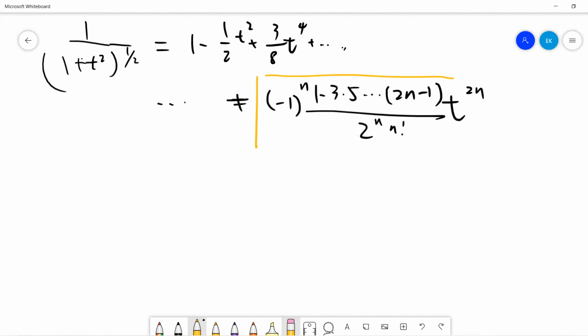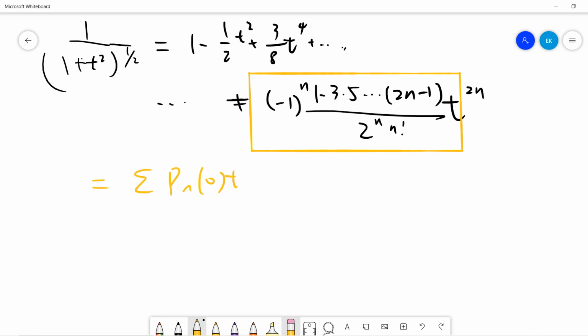So this is the sum of P_n(0) t^{2n}. We notice that P_{2n+1}(0) is 0 because there is no odd term here.